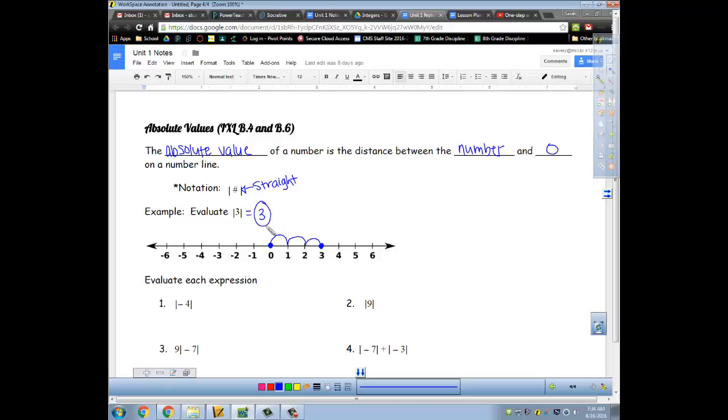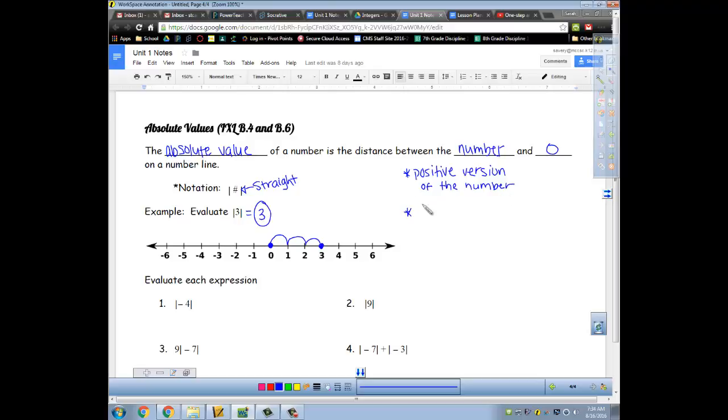Now, there's a couple things that you need to know about this. First of all, it is pretty much always the positive version of the number. So if it's positive, like the example we just saw, it's still positive. If it was originally negative, it becomes positive. It's always positive.